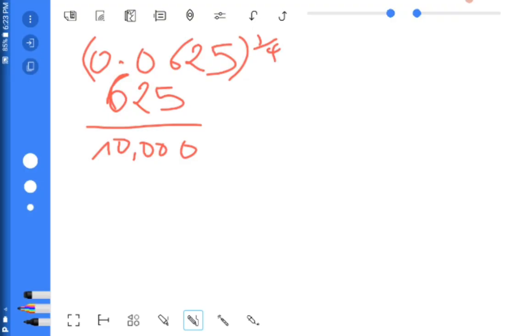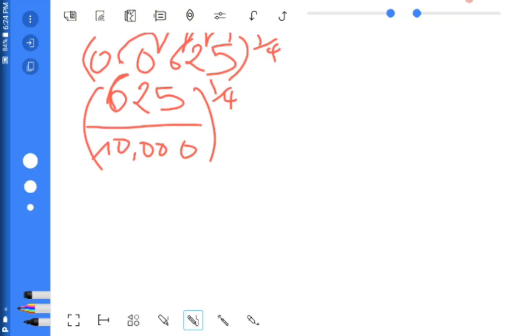Why divided by 10,000? I hope you know how to change from a decimal to a fraction. It's not now that I'm supposed to teach you. However, to change from a decimal to a fraction, you count the number of decimal places. If you count here, you have 1, 2, 3, 4. That's why you have 4 zeros here. So now, this is the same as this to the power of 1 over 4.